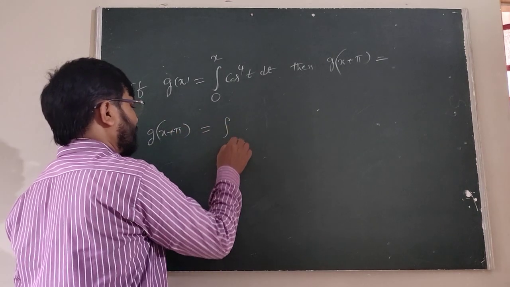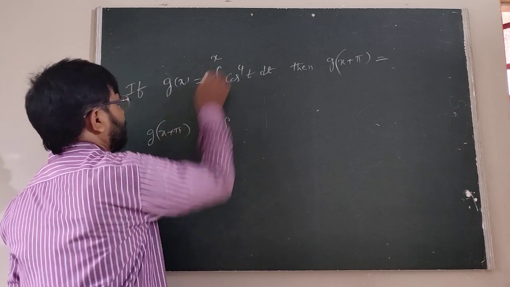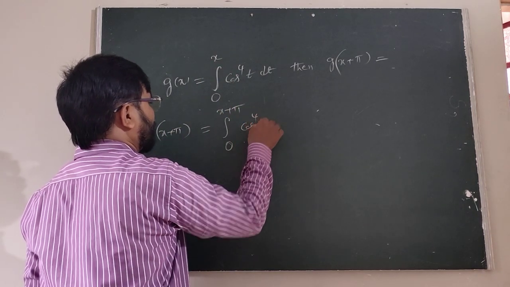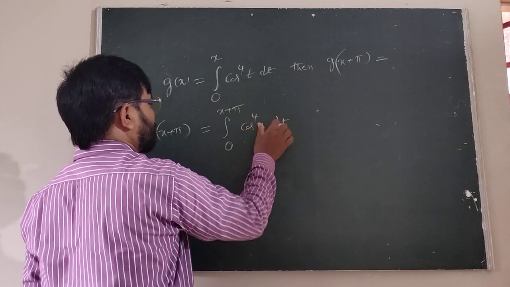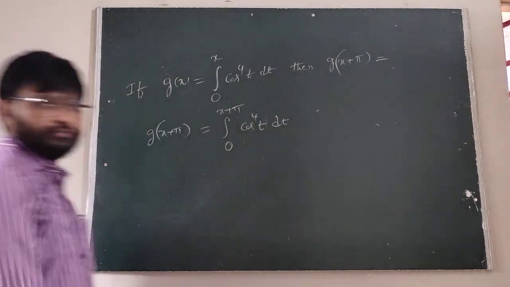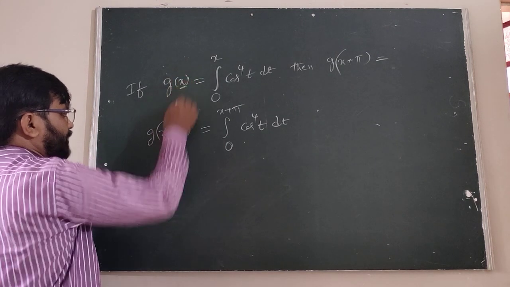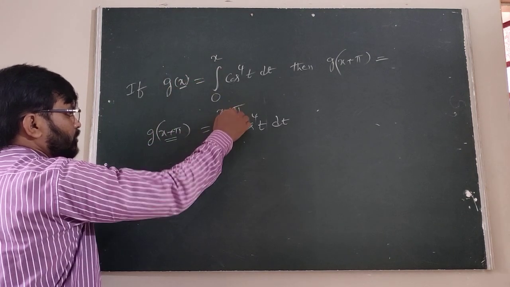Now we can write, instead of the limit x, we take x plus 5, that is the integral of cos power 4t dt. This is the first step. Instead of x we take x plus 5, and then also x plus 5.